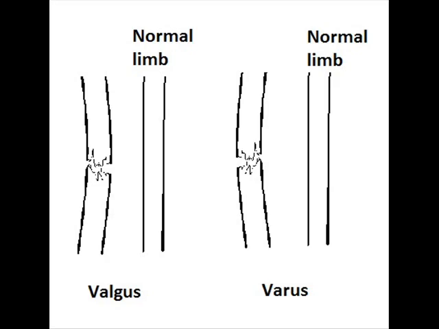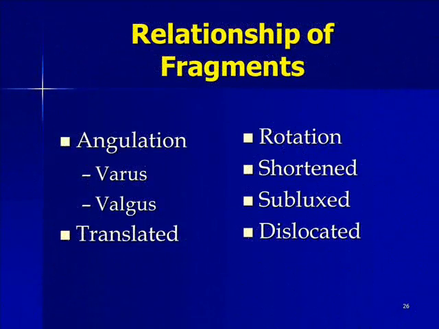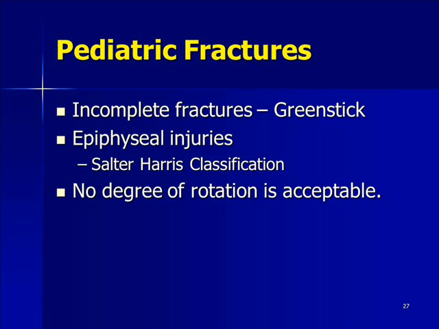And if there is significant displacement of the fragments, we must talk about it. And sometimes the distal fragment might be rotated. There might be shortening because of overlap of the fragments. And if it's joints we are describing, the dislocation might be partial, which we call subluxation, and complete, which is dislocation.